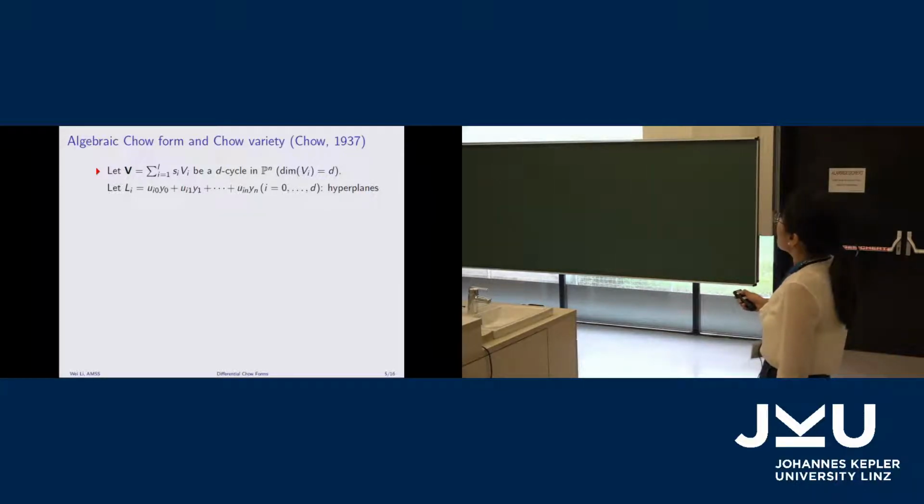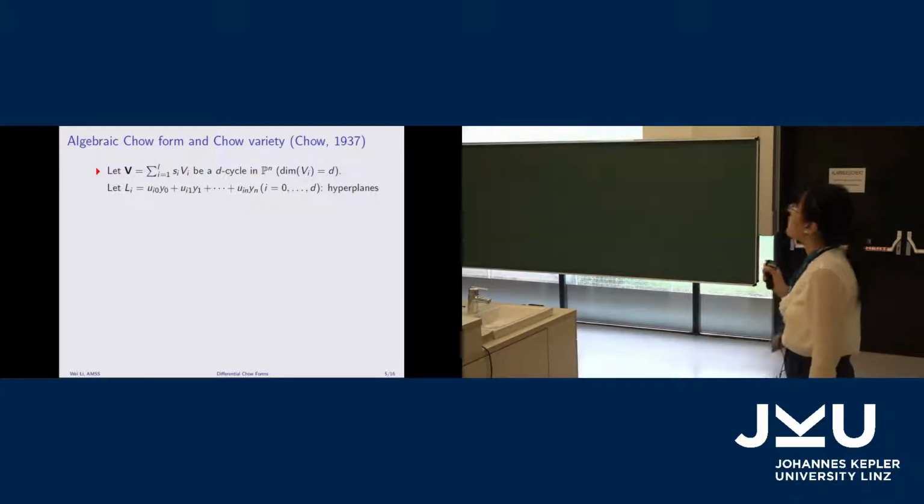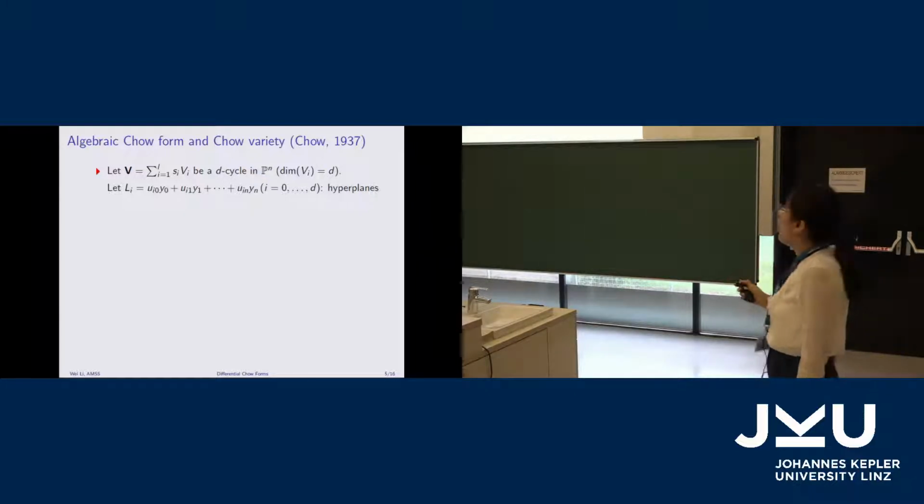And for simplicity to give the definition of the algebraic Chow form, temporarily we suppose V is an irreducible variety of dimension d. Given d plus 1 hyperplanes in this way, we want to know what are the conditions on the coefficients of the Li such that V and the given d+1 hyperplanes have a non-empty intersection.